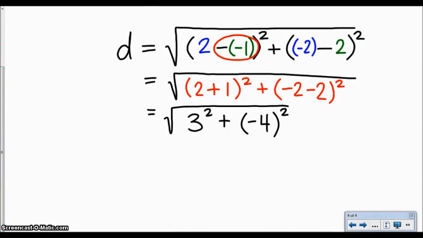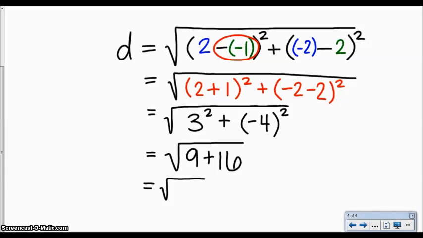So now we need to square. We did our parentheses. Now we're going on to our exponents. So what is the square of 3? Well, that's 9. Then when we have negative 4 squared, well, negative times negative becomes a positive. So we're still adding. Then 4 squared is 16. Now add those together.